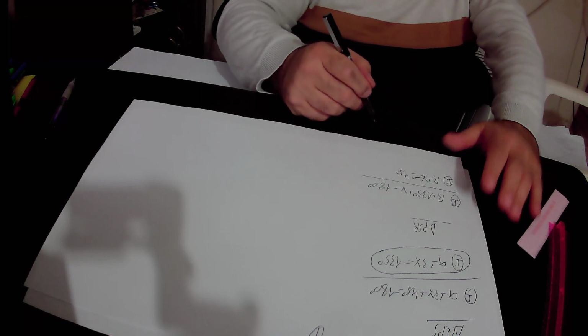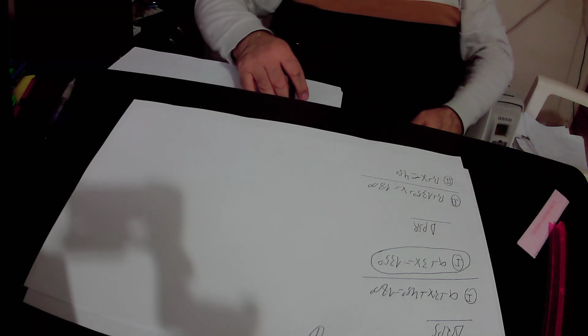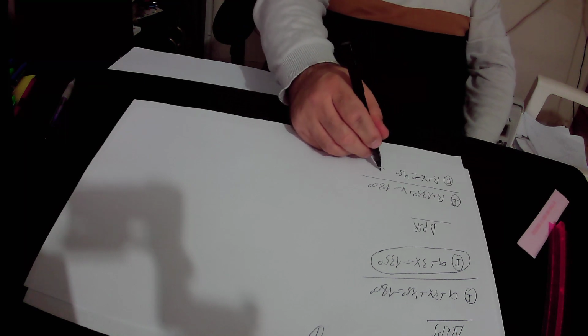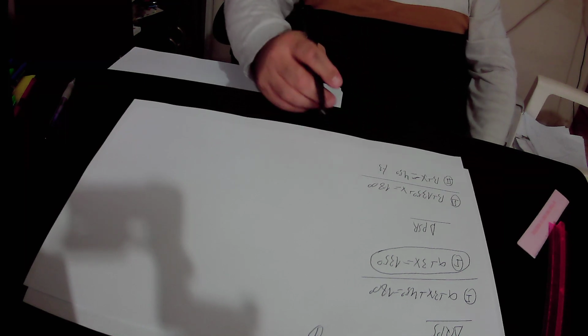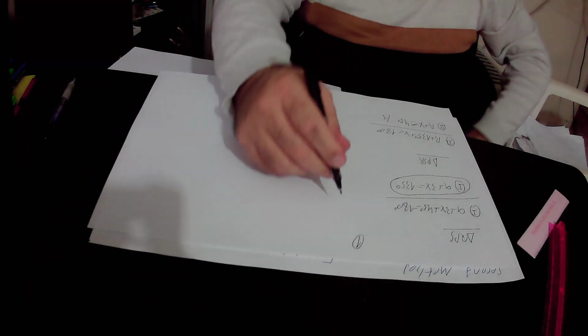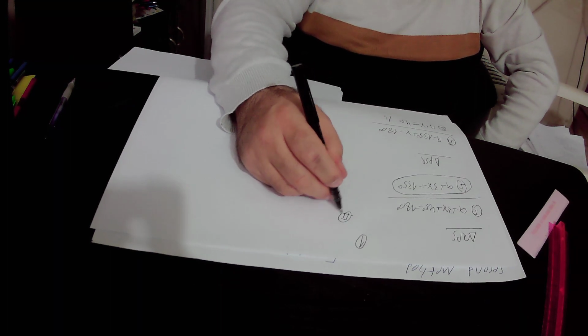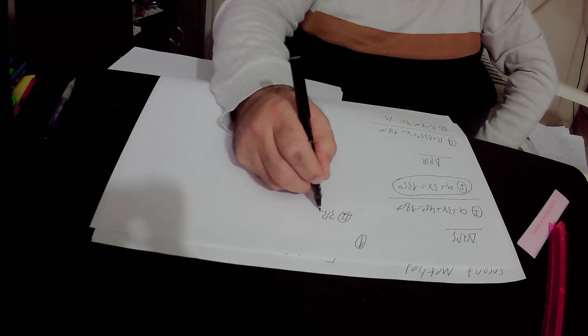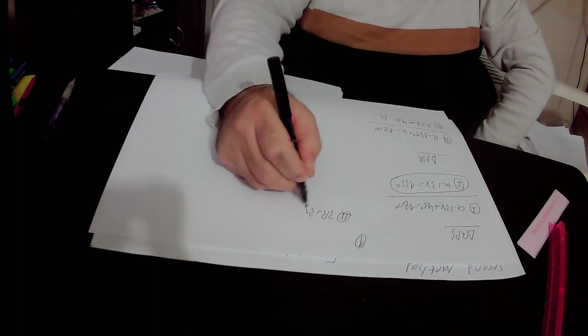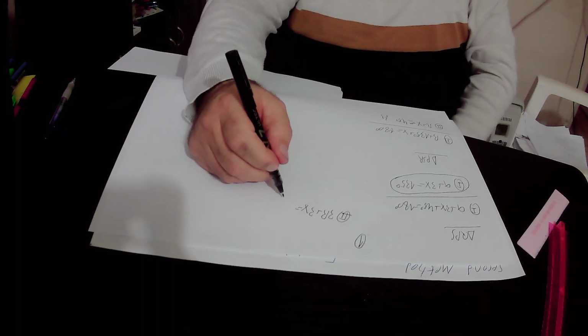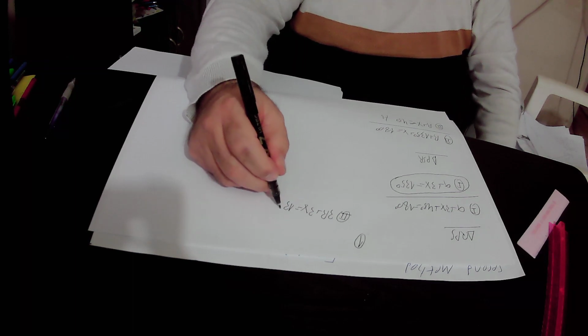So here we will multiply equation number 2 by 3, and we will get that 3 beta plus 3x equals 45 degrees times 3, which is 135 degrees.